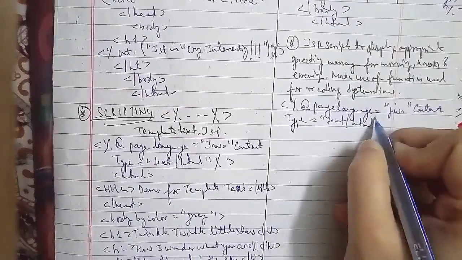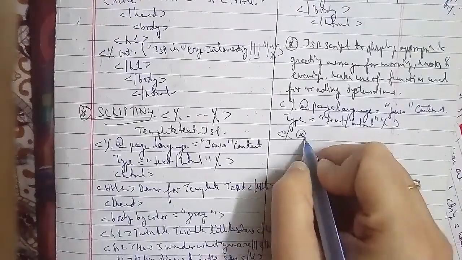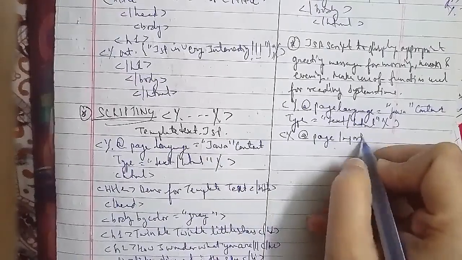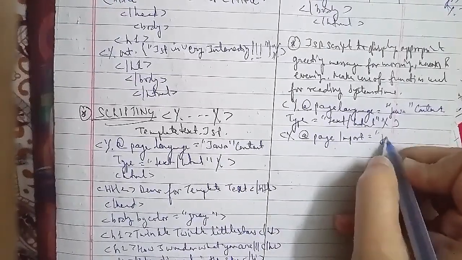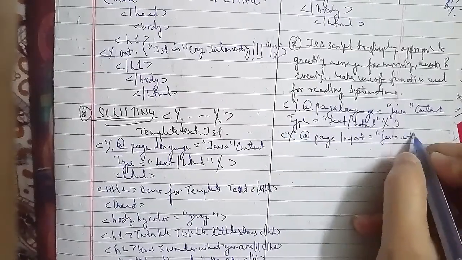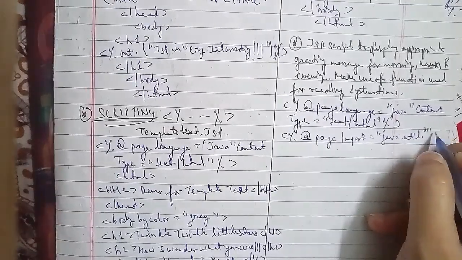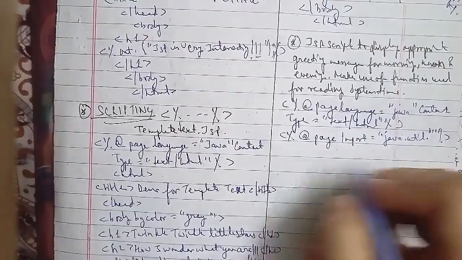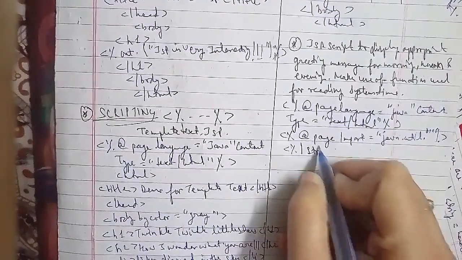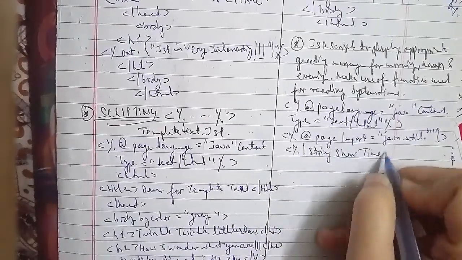String message equals hello. If d.getHours less than 12, start curly bracket, message plus equals it's morning now.